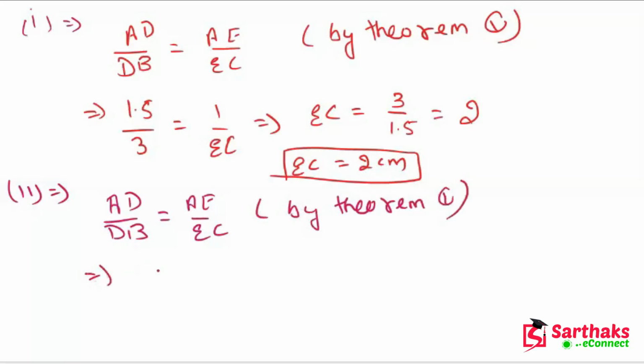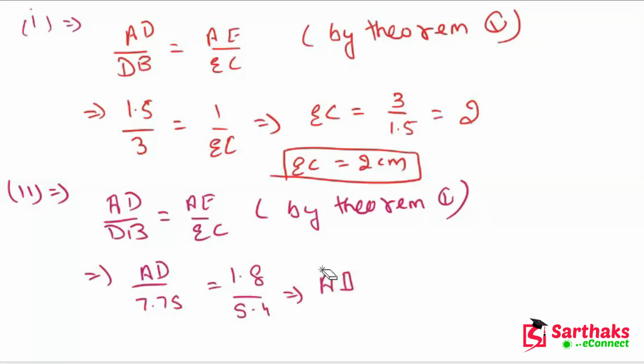We don't know AD. DB is 7.5, AE is 1.8, divided by 5.4.